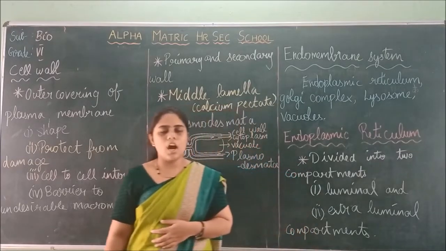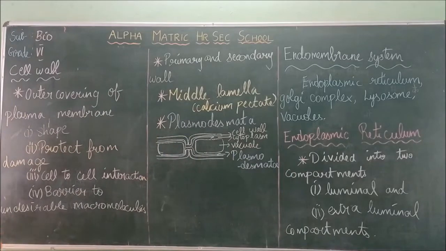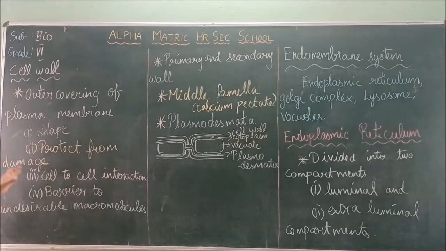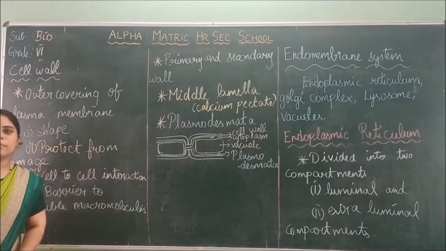Now I will give you a short recap from the first. In this part we saw about the cell wall. The cell wall is an outer covering of the plasma membrane, present outside the plasma membrane. The functions of the cell wall are: it gives shape, it protects from damage, it helps in cell to cell interaction and communication, and it is a barrier to undesirable macromolecules.